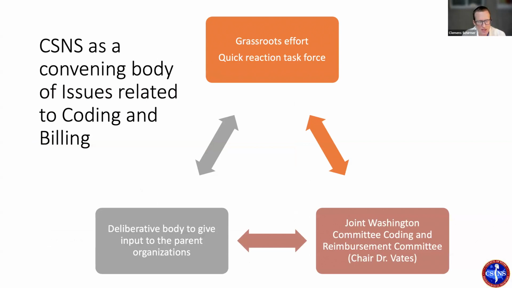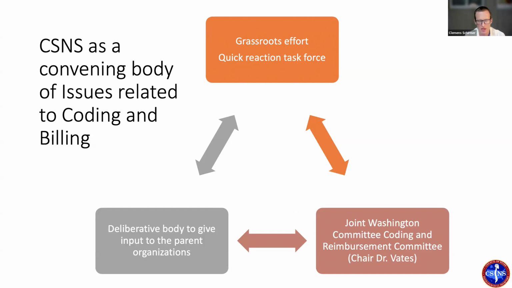Since this is a CSNS fellowship that you guys are in, I just want to calibrate where we are as a convening body of issues related to billing and coding. So we don't make the rules, but we want to engage in the rules and make sure that the rules are pertinent to neurosurgeons. There's a little bit of a grassroots effort.